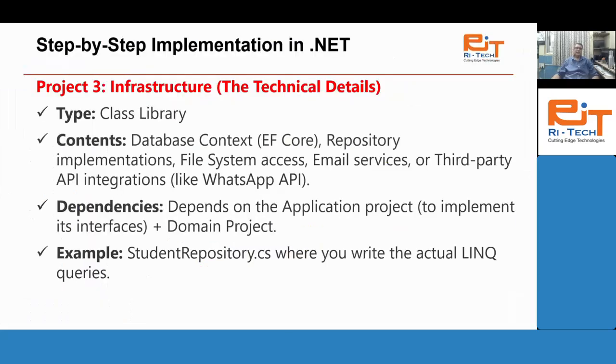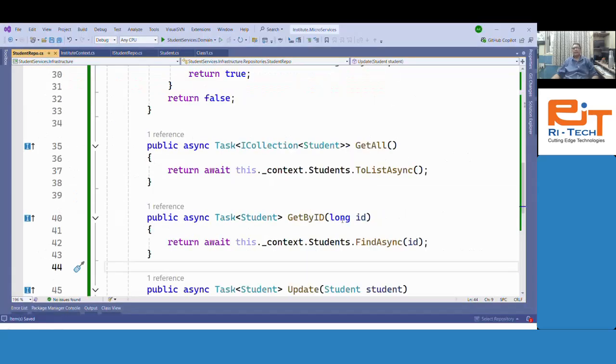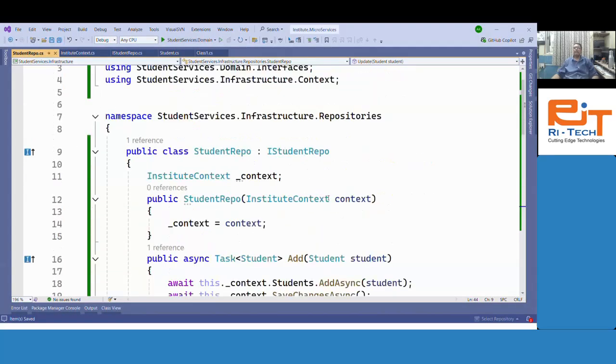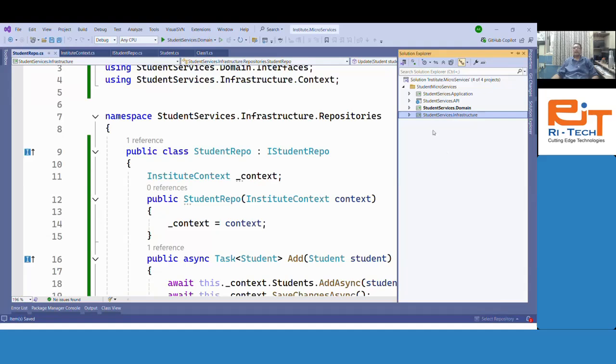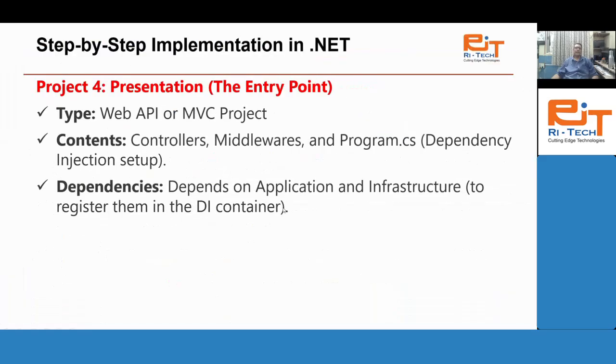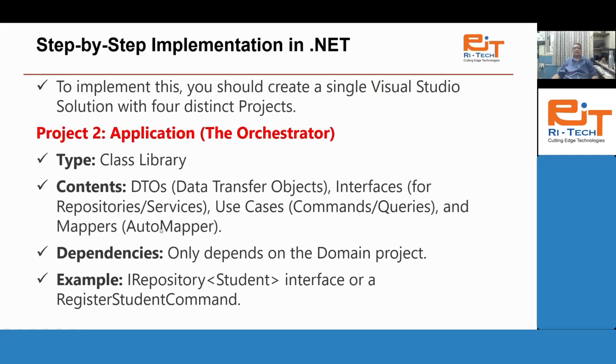Now the next thing that we'll do is use this repository in the application project. In the application project, we create the DTOs required to transfer the data, and it will have the interfaces for repositories and services.